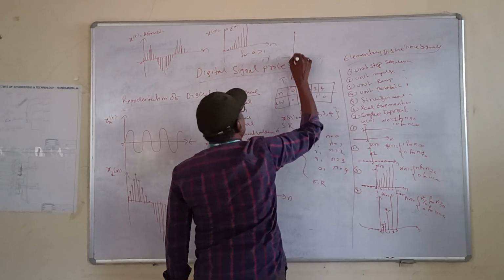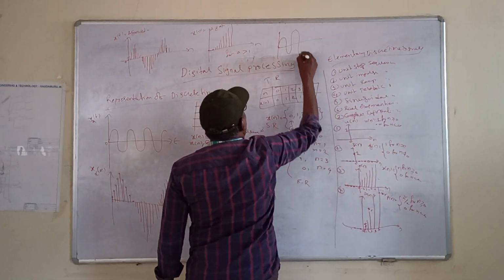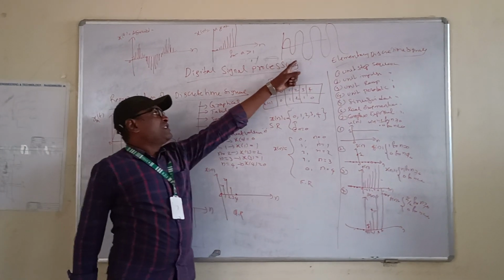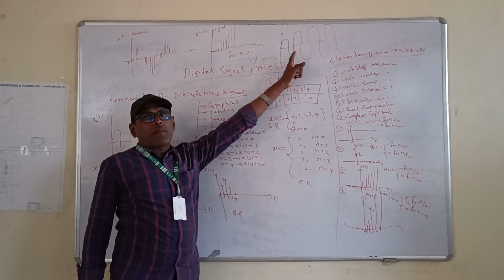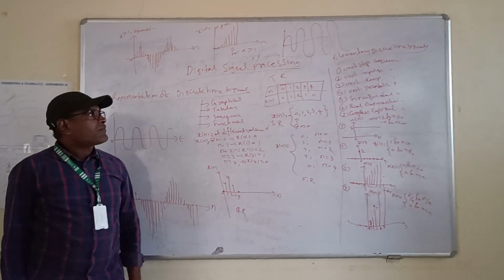And the last one is the complex exponential sequence, which is shown in the continuous time domain. If you sample it for different values of capital N, the same figure can be represented as a complex exponential sequence. Thank you.